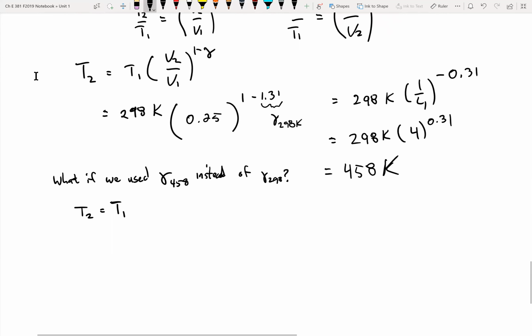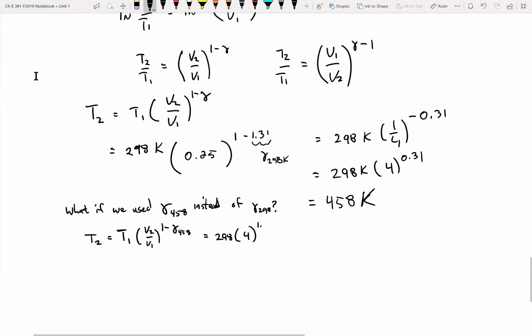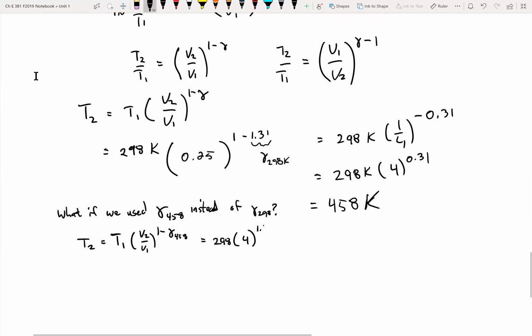So T2 equals T1 times (V2 over V1) to the 1 minus gamma at 458, which is 298 times 4 to the 1.227 minus 1. And that comes out to be 427 Kelvin. So that's about a 30 C difference.